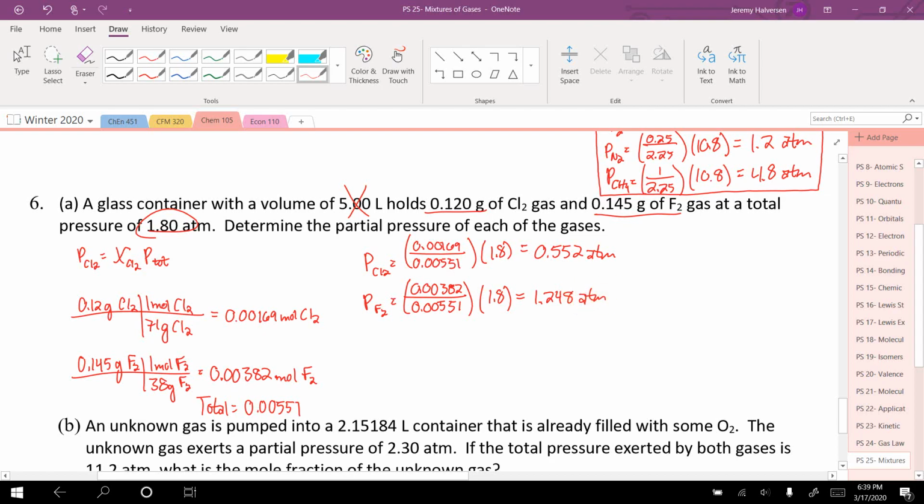Just check my answer. Yep, that's what the answer key's got. And sure enough, these two add up to 1.8, I believe. Yep.